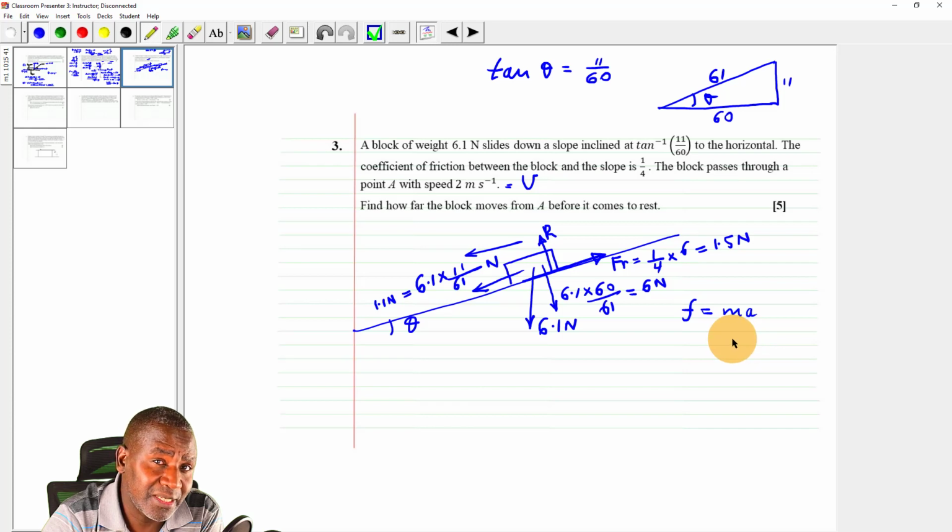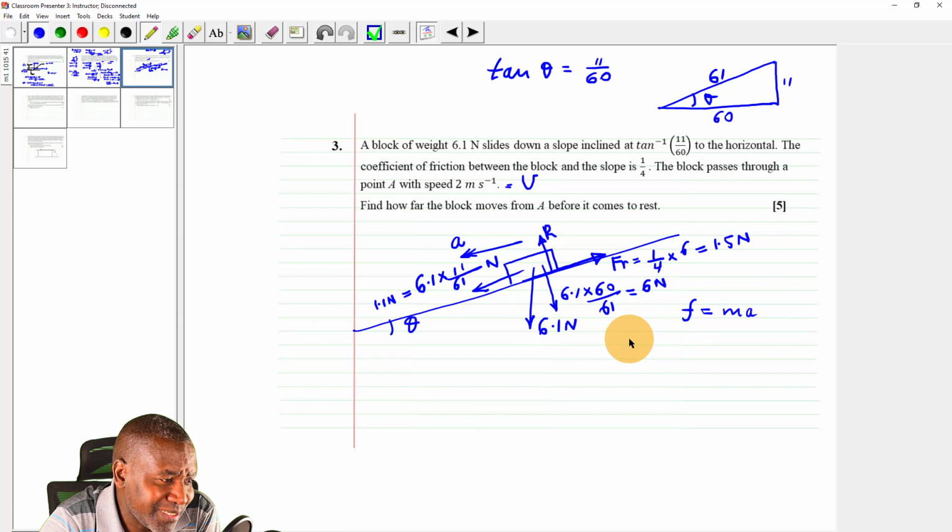Because it will help me to get S. Since I know the U, let me ensure that the acceleration is negative first of all. The resultant force will be 1.1 because it is accelerating down the slope. Let me use a double arrow there to show that.